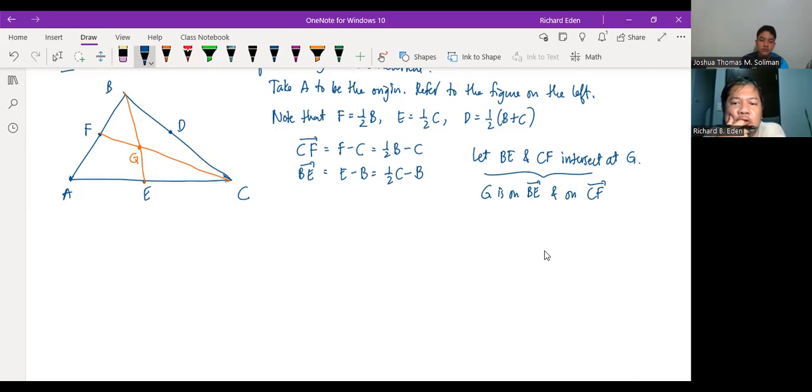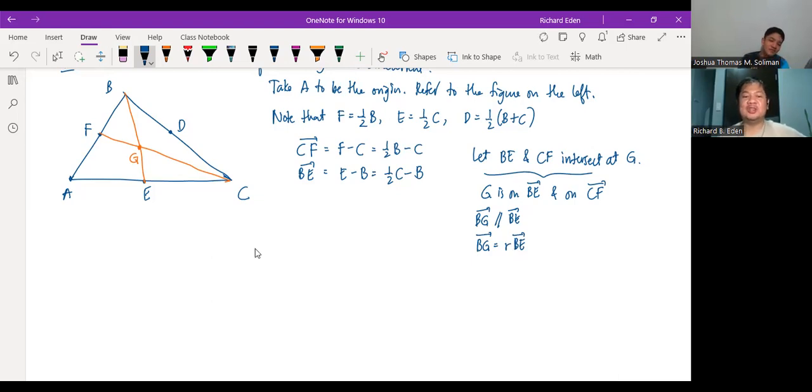But well, that would mean if G is on BE, so that would mean BG is parallel to BE. All right. And in particular, BG is a multiple of BE. So we can write down BG is R times BE, where R is some mysterious constant.